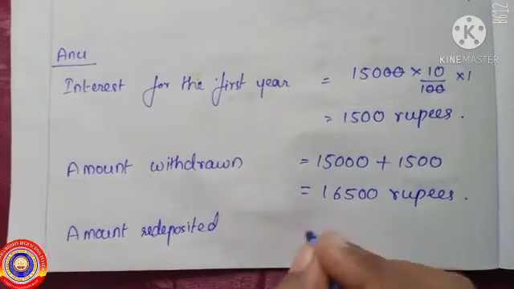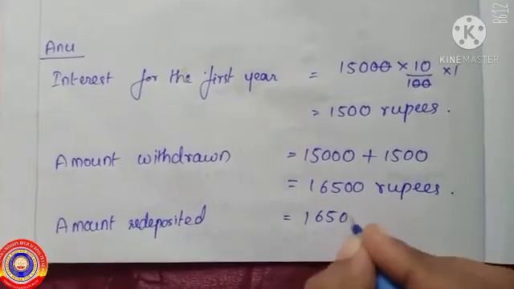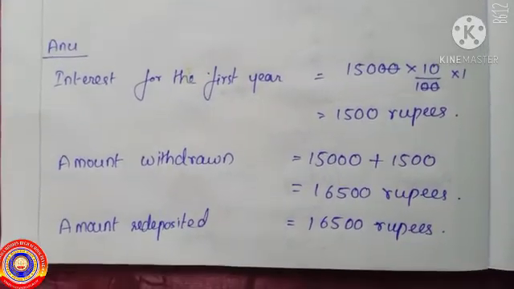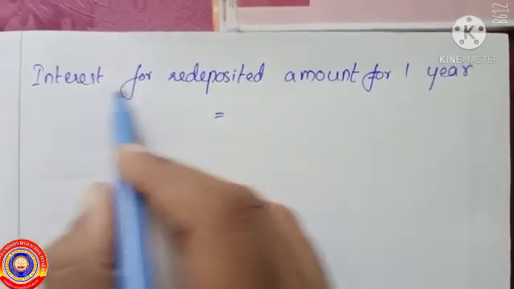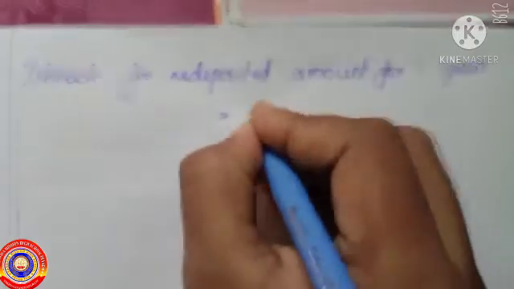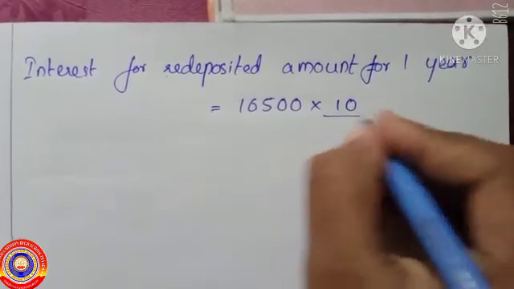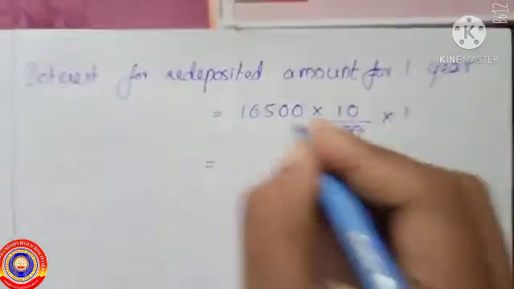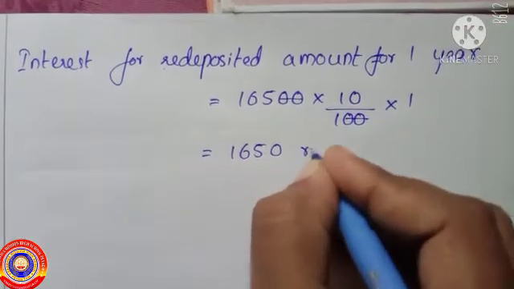Amount Anu redeposited is equal to 16,500 rupees. Next, we have to find the interest for the redeposited amount. So, interest for redeposited amount for 1 year is equal to 16,500 into 10 by 100 into 1. That is equal to 1,650 rupees.